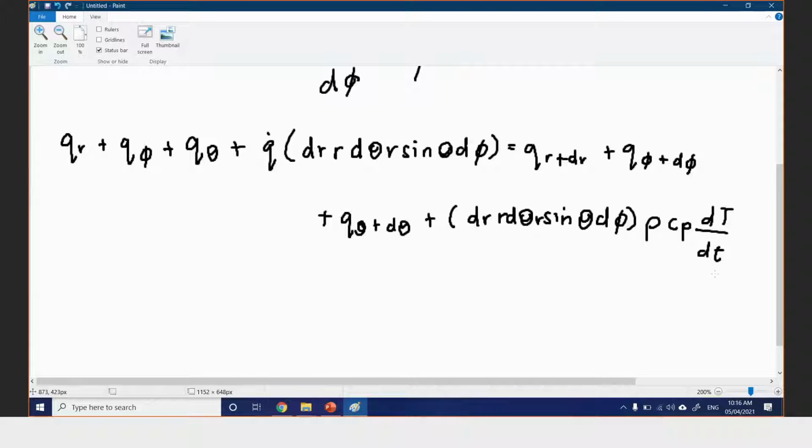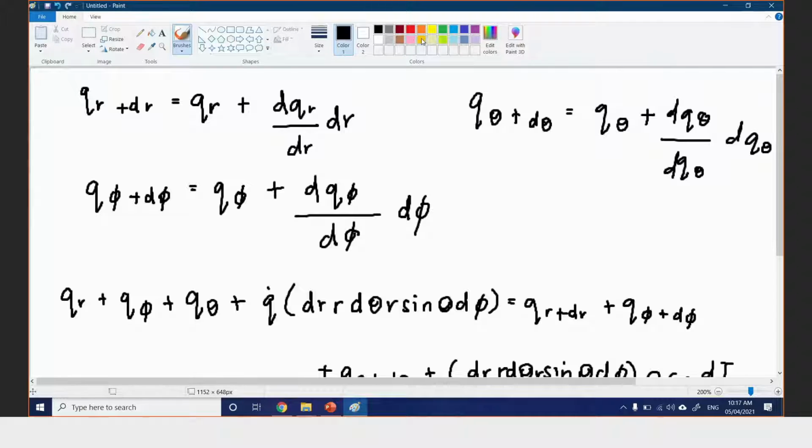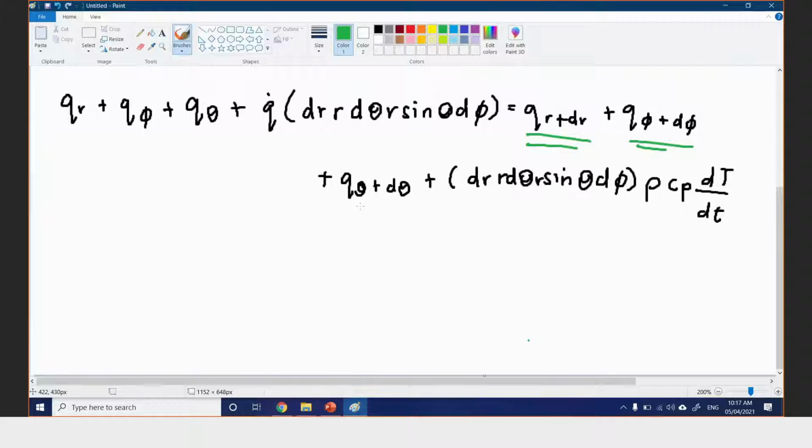We use the terms that we got from the Taylor series expansion just now, so these three can be substituted into here, here, and here.